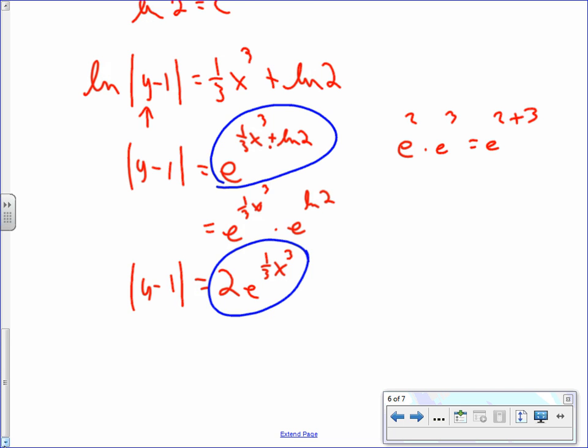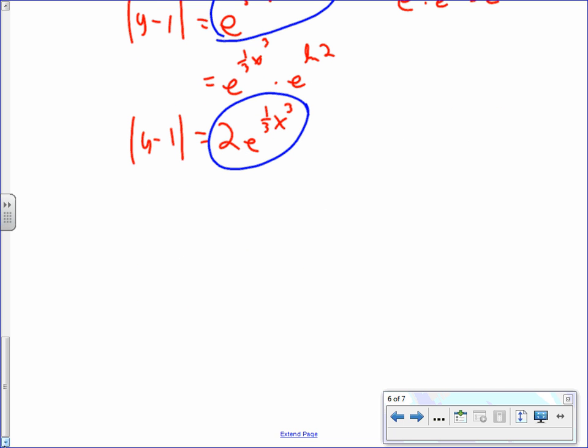So what's the next thing I have to get rid of? The absolute value. How do you get rid of absolute value? Like, when you're asked to solve this right here, what's the answer to that? Long time no see, huh? 2 or negative 2, plus or minus 2. So we have to put a plus or minus to get rid of the absolute value. That's how you get rid of it.